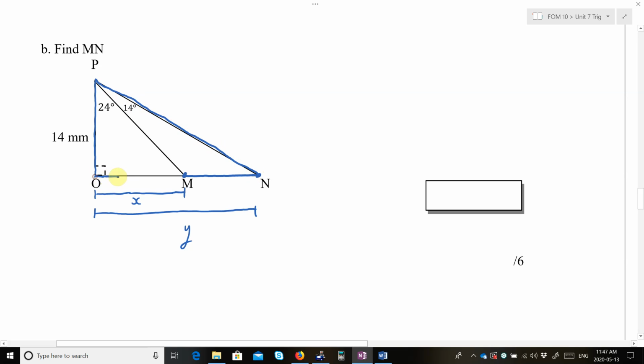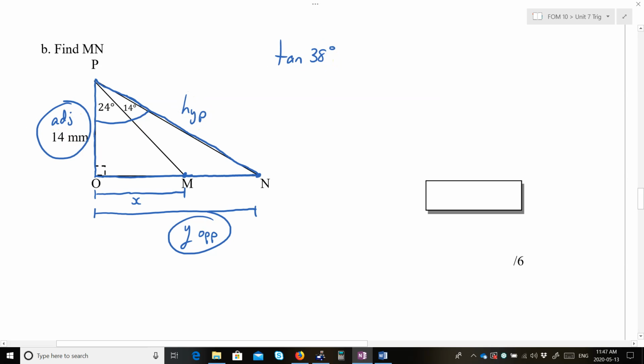Because we want to find this whole distance from O to N. So there's the angle, 24 plus 14, which is 38. Across from the angle, this will be the opposite side. Across from the 90 is the hypotenuse, so this must be adjacent. Okay, so we're going to be working with opposite and adjacent. That's tan. So it's tan of 38 degrees.